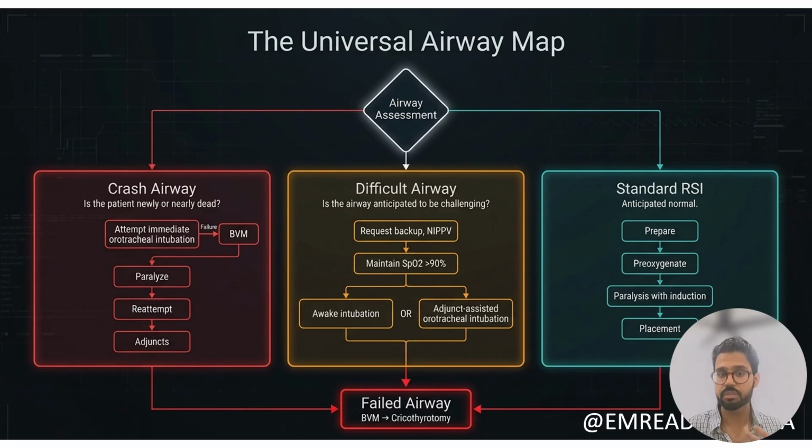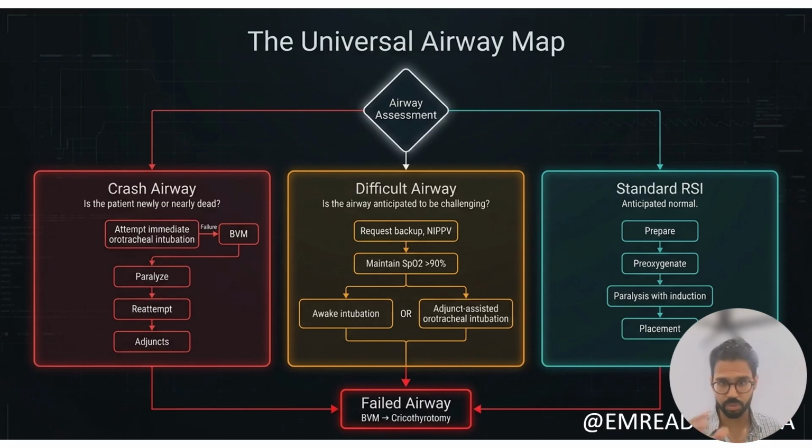If there is failure and we're not able to establish an airway, then we go to bag valve mask ventilation, and in which case paralyze, because there could be some residual reflexes still present, reattempt to intubate, and then use adjuncts if necessary.